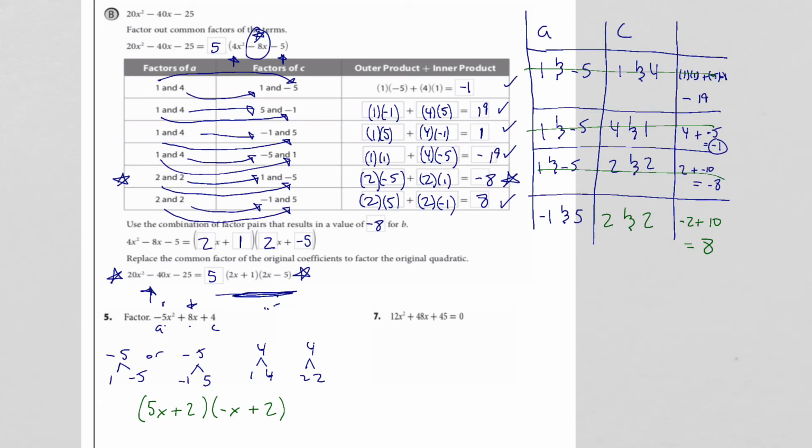Now let's take a look at number 7 here. I'm going to ask myself, is there a number between 12, 48, and 45 that I can pull out? And the number that comes to mind is 3. These are all divisible by 3. So if I pull out a 3, I'm going to be left with 12 divided by 3, 4x squared. 48 divided by 3 is 16x.